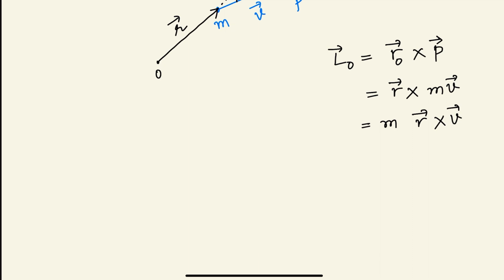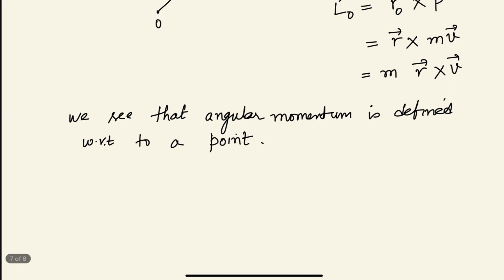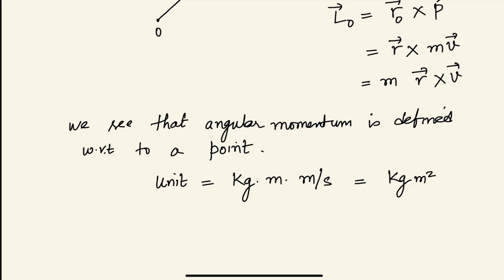We see that angular momentum is defined with respect to a point, and the unit of angular momentum is kg meter into meter per second, which equals kg meter square per second.